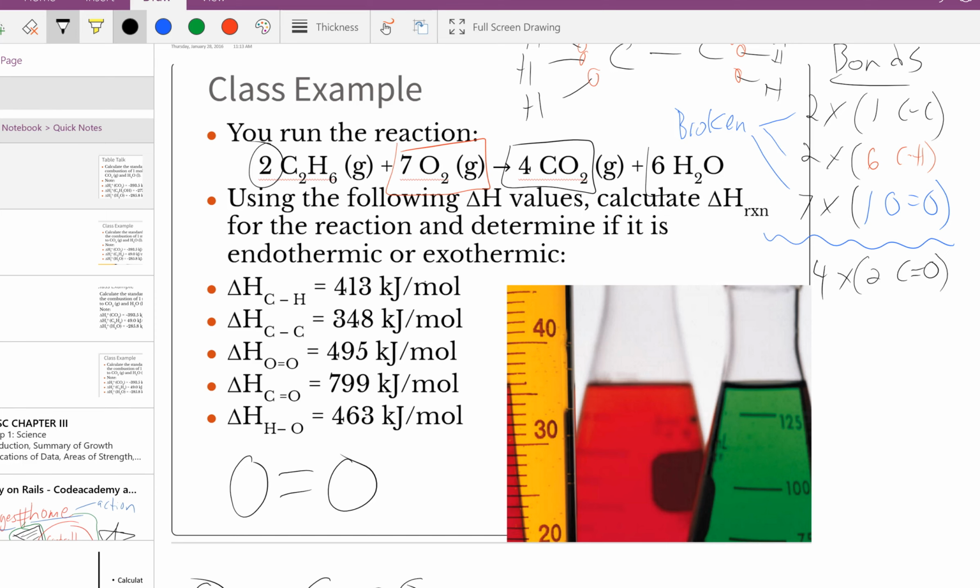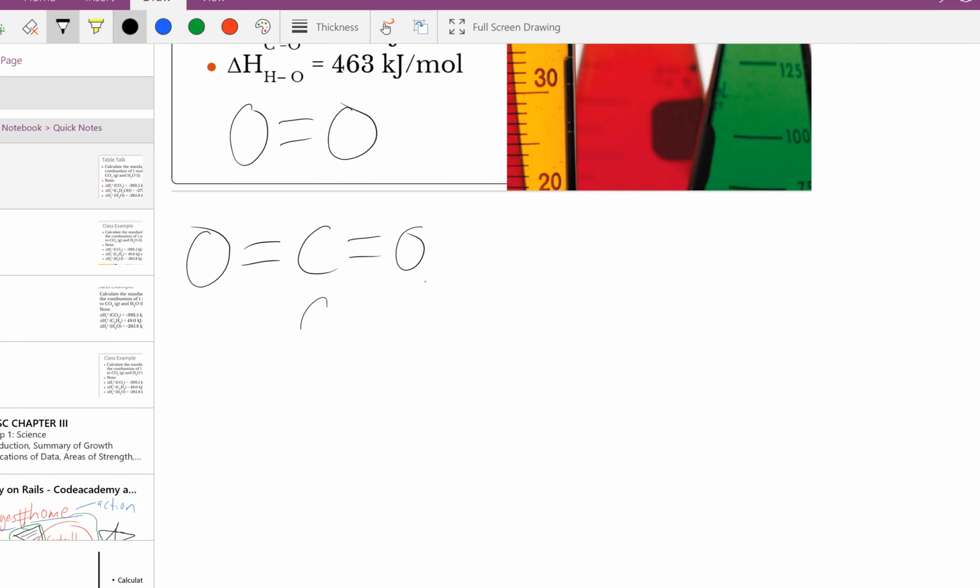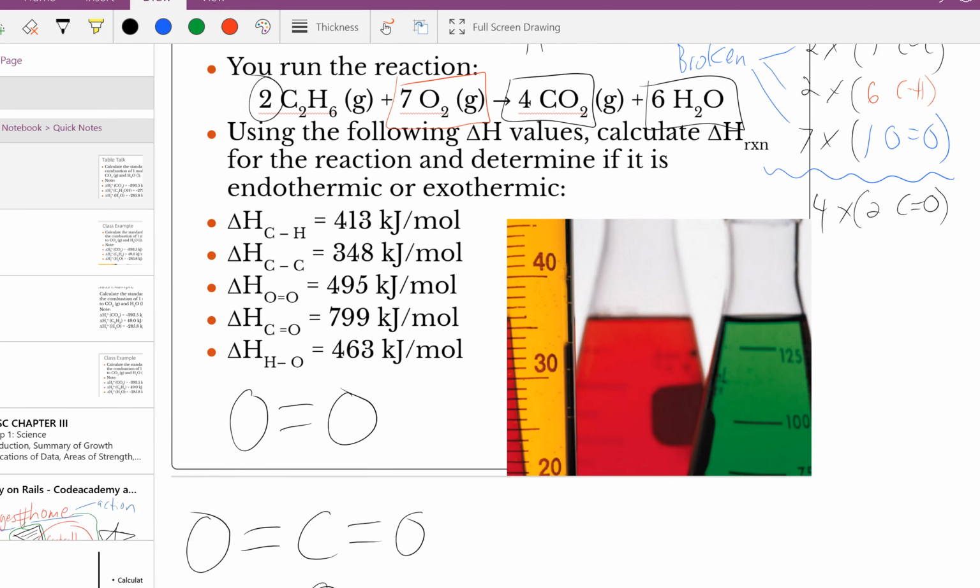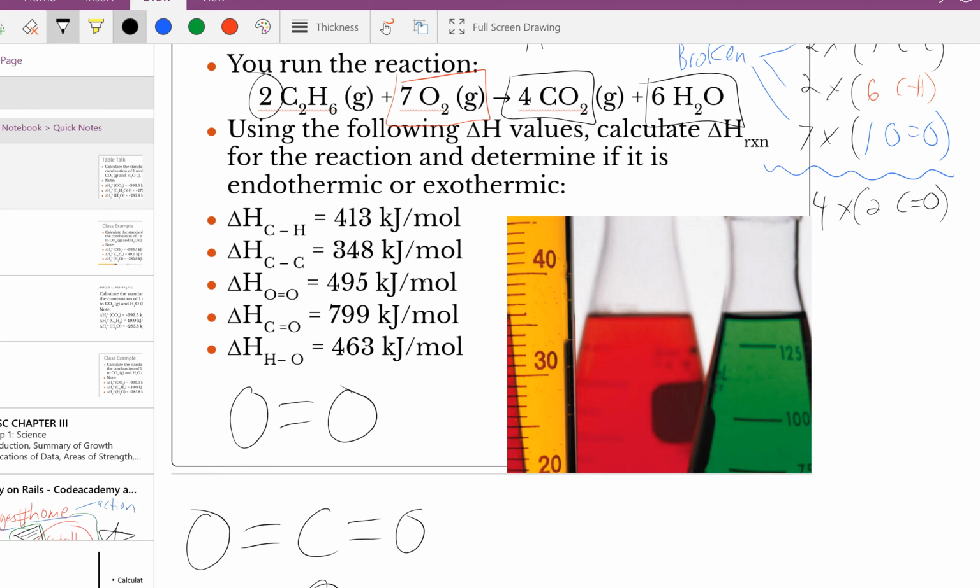And then over here we have water, which is H2O. And we can say that that would be 6 times 2 O single bond H bonds.